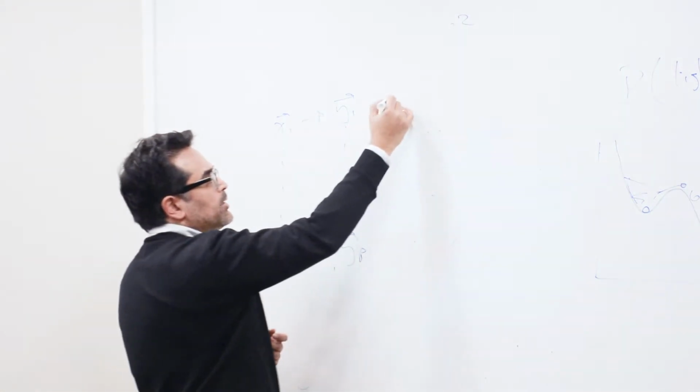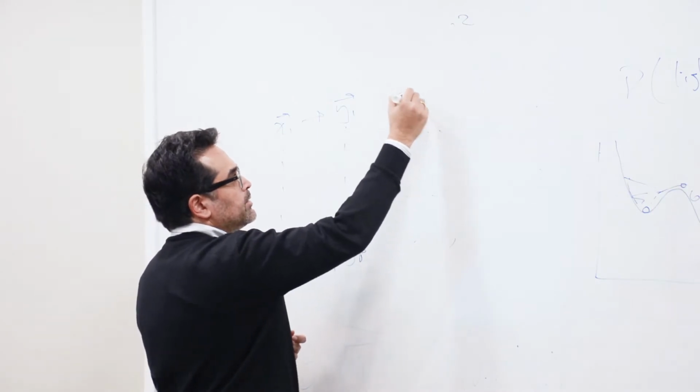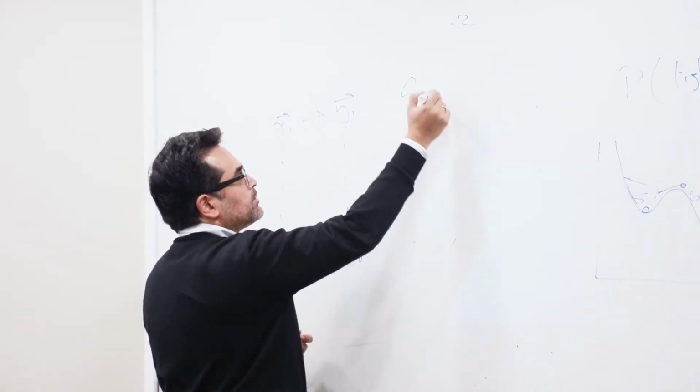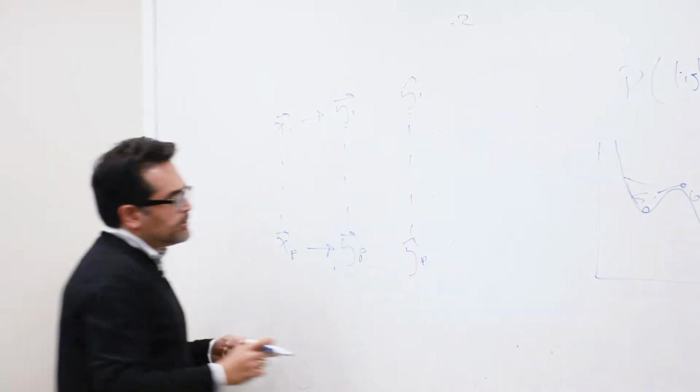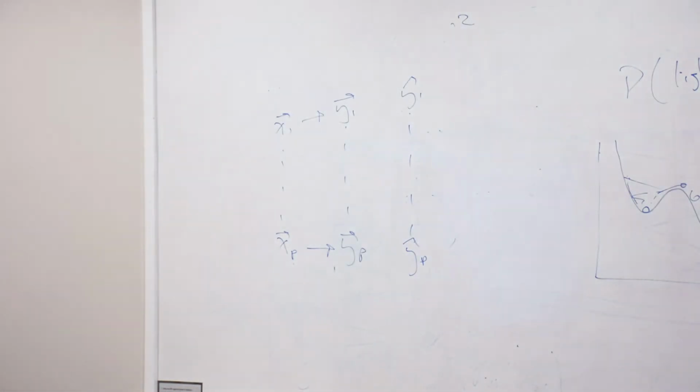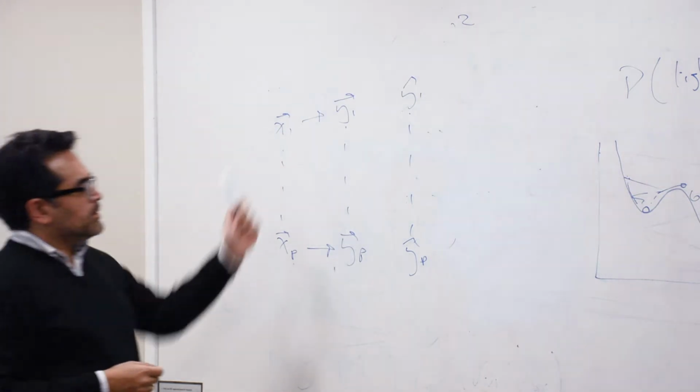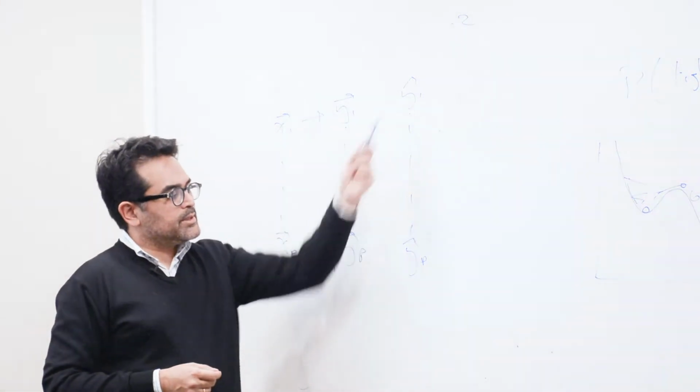And then your actual output is, let's say, y1 hat and yp hat, right? So this is exactly what you see here. This would be like one input-output pair. And so this is the predicted output, and then this is the estimate.